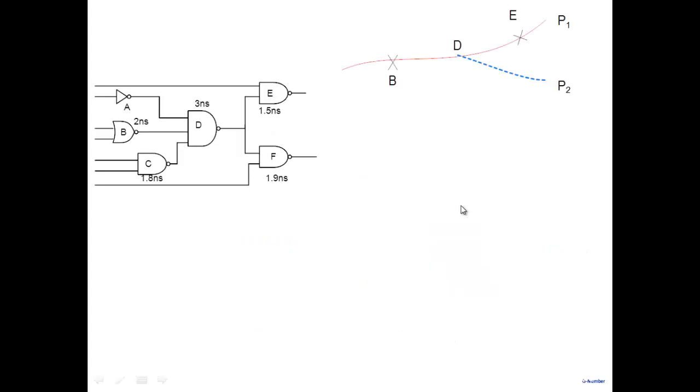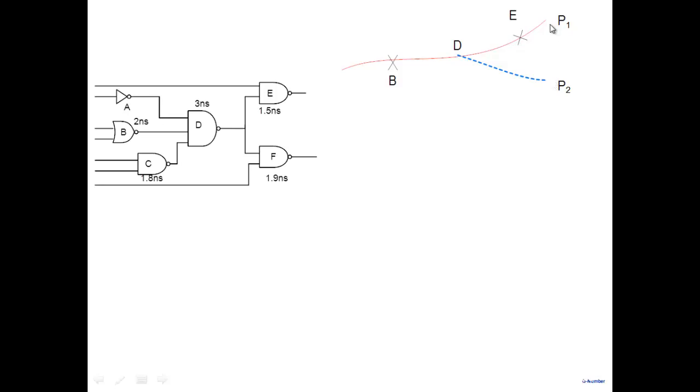So what is happening is that you may have a critical path like this, P1, that you see here. This one, P1, starts from B and D and E. But you may also have another path which is subcritical, which branches off from here.